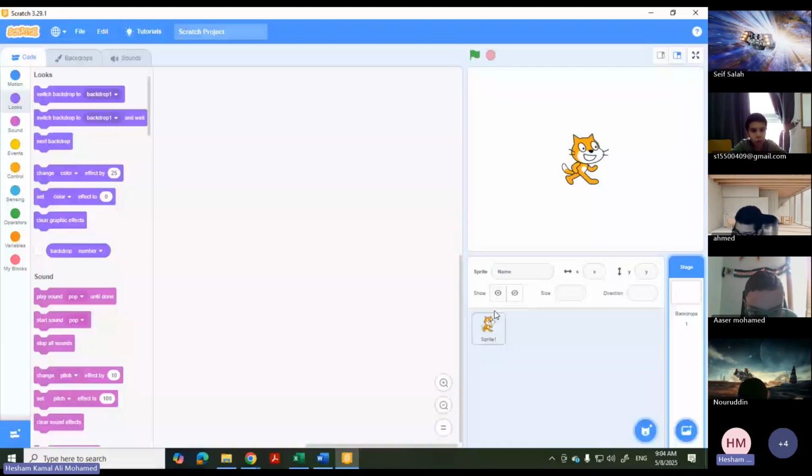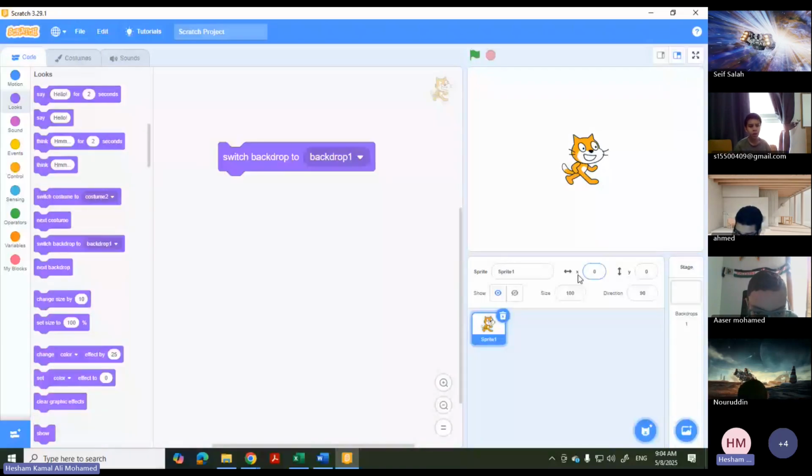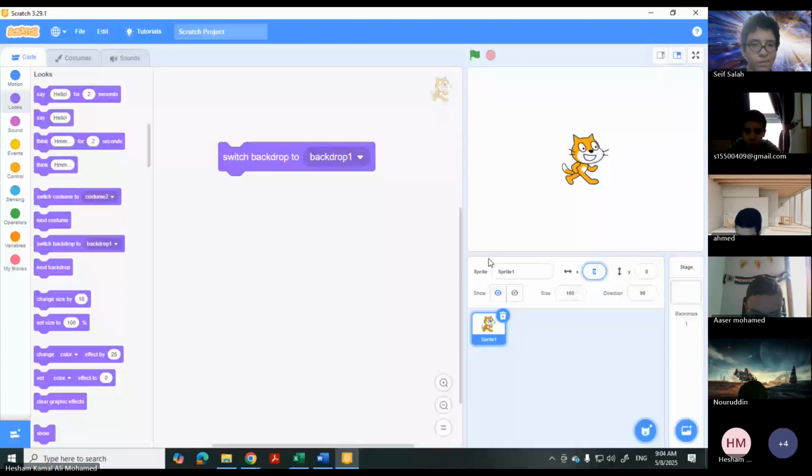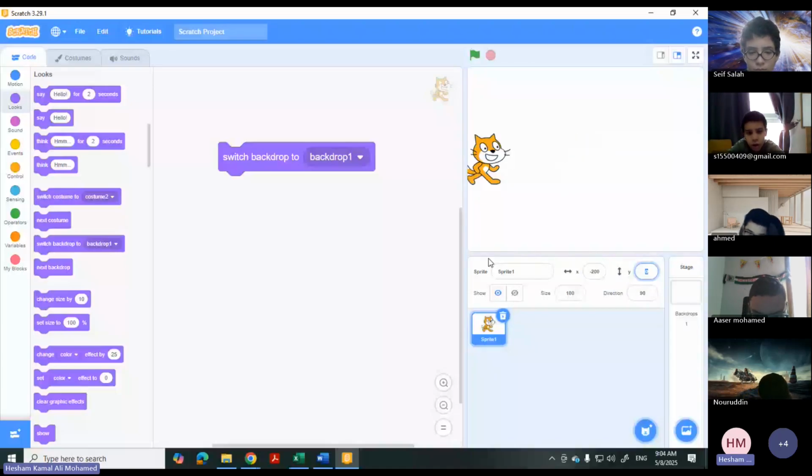And you can see here, this is x 0 and y 0, and the sprite is right in the middle. If I make x negative 200 and y 100, that means x is negative 200 and y is 100.